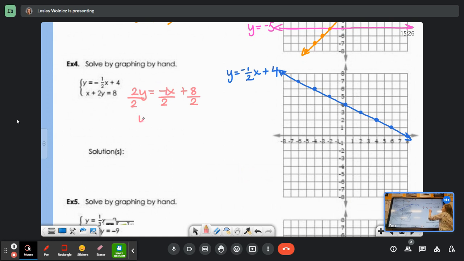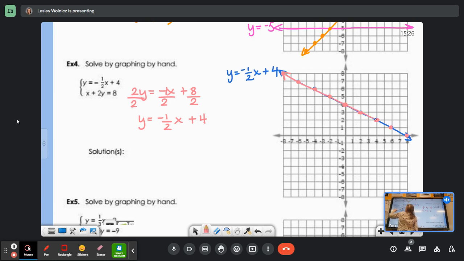So now I have a negative 1/2 x plus 4. Oh my goodness. So my y-intercept, my b, is 4, and then I go down 1, right 2. Oh, what do you know? Infinite solutions. It's the same line.